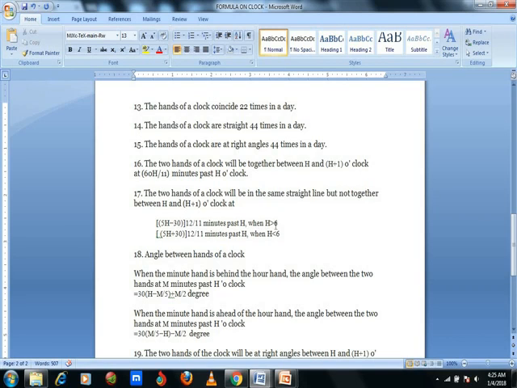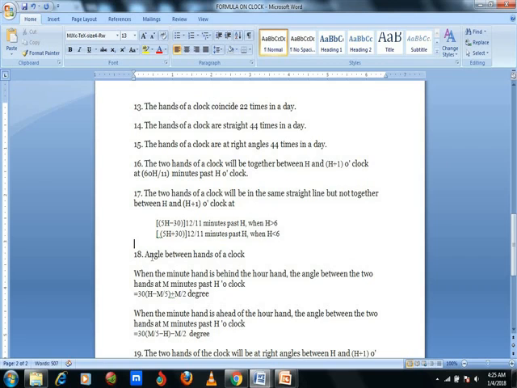If h is greater than 6, that means if 7, use this formula; if 5, use this formula, which is h less than 6. If h is greater than 6, use this formula.